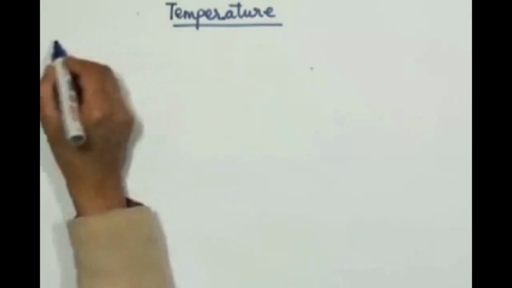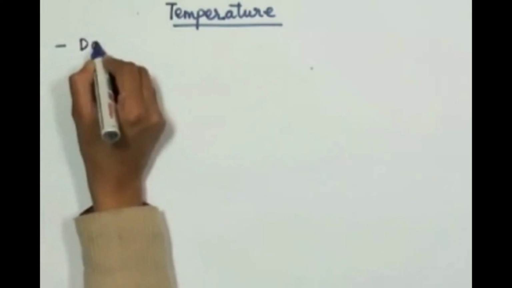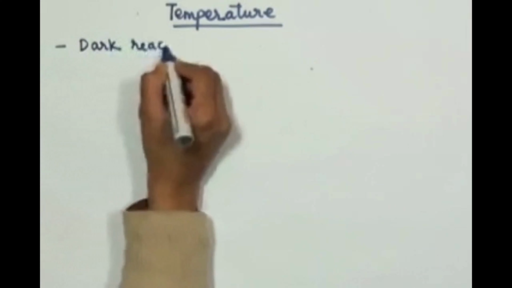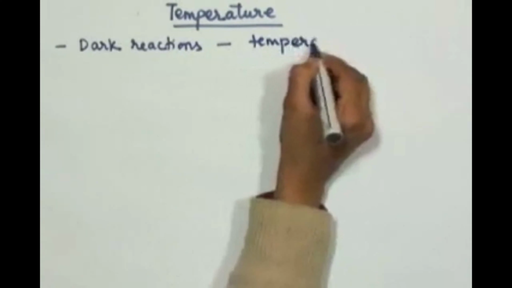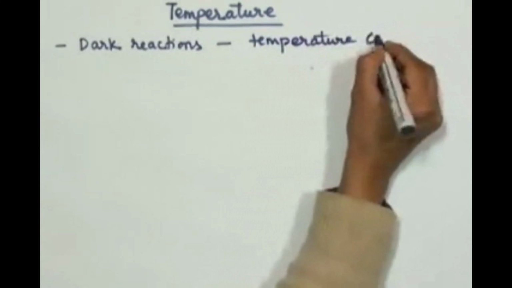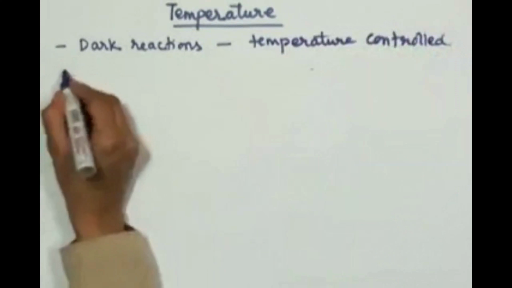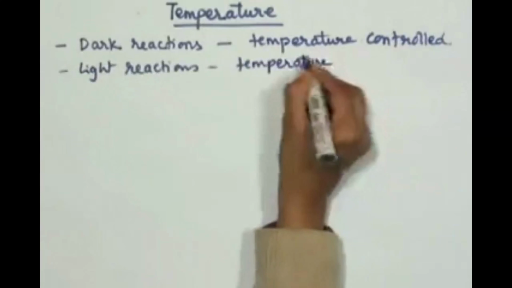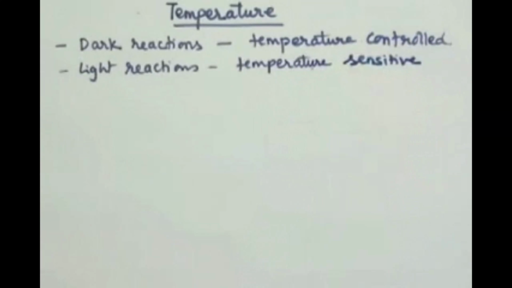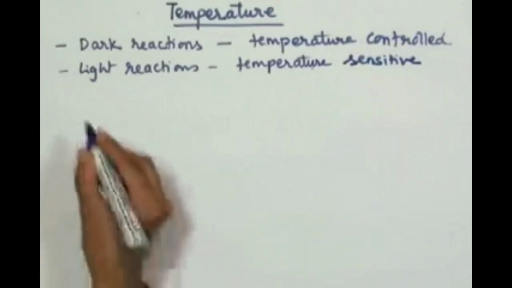Temperature is also an important factor which regulates the rate of photosynthesis, as dark reactions are temperature controlled through enzymes, while the light reactions are temperature sensitive and are less affected by temperature.